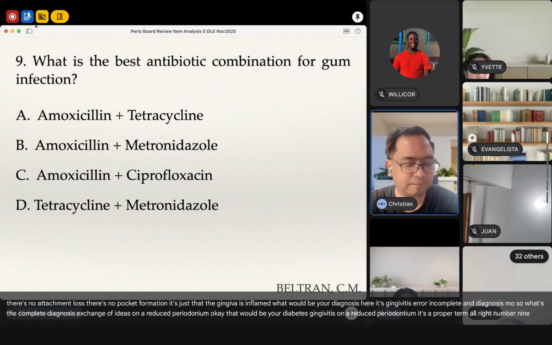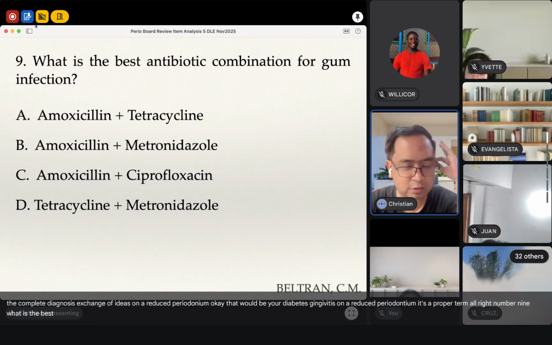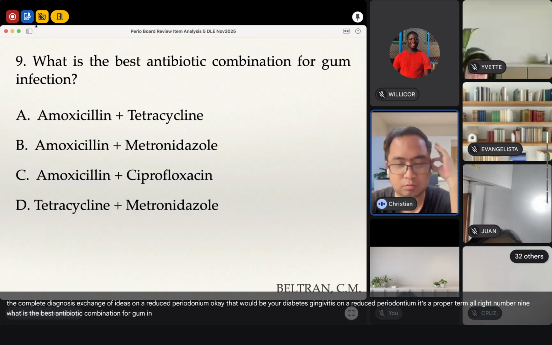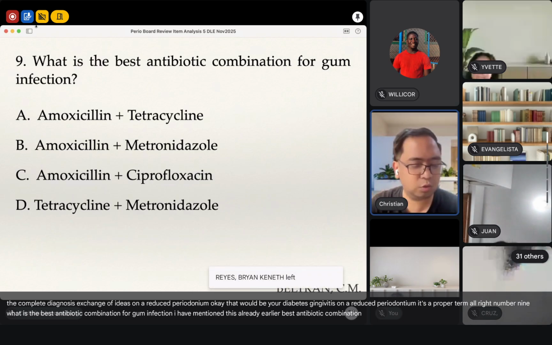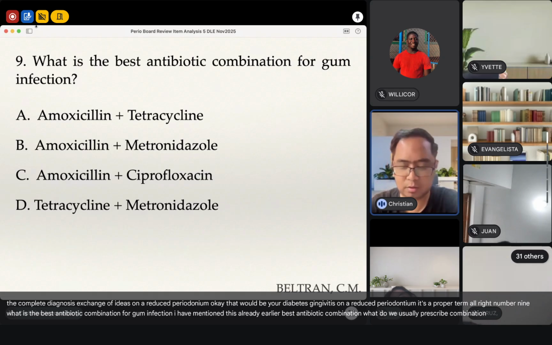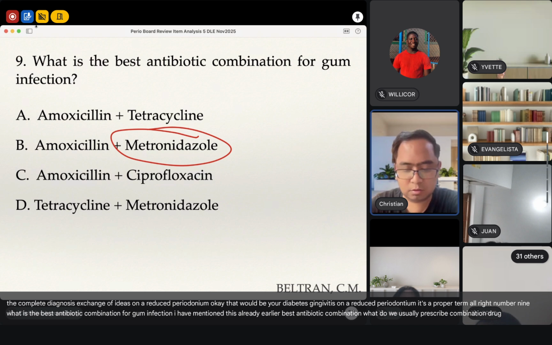Number 9, what is the best antibiotic combination for gum infection? I have mentioned this already earlier. What do we usually prescribe as a combination drug? Metronidazole is one.